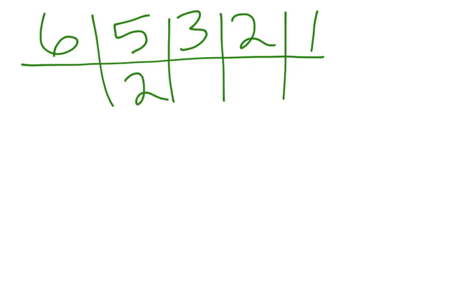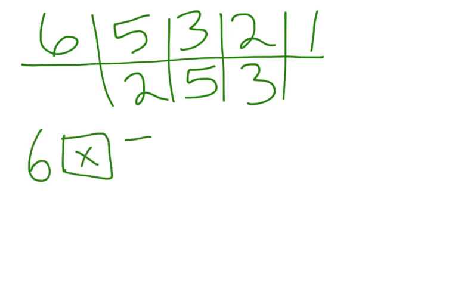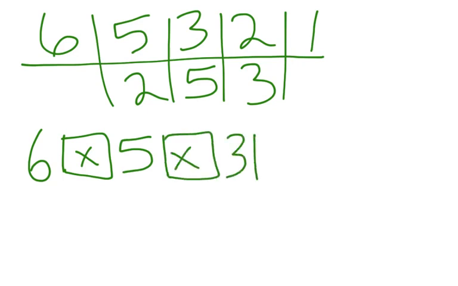Then under the 5 there's a 2, under the 3 there is a 5, and under the 2 there is a 3. I want to show you the way you'd put this into your calculator. You're going to put 6, then the times sign, 5, then the times sign, the 3, another times sign, a 2.